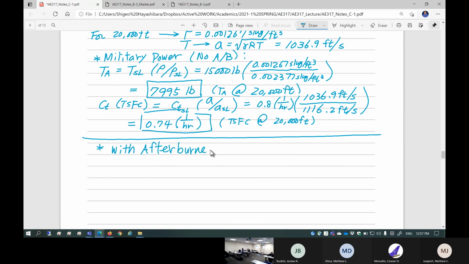With afterburner, first of all, you're going to pick up a similar equation. Thrust available is equal to thrust at sea level multiplied by the density ratio, rho over rho sea level, multiplied by 1 plus 0.7 times the free stream Mach number.